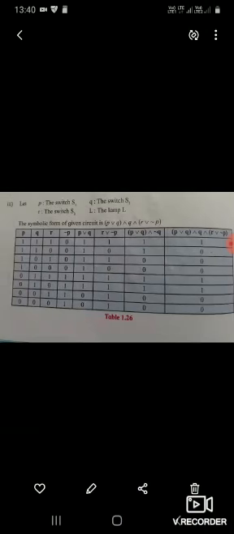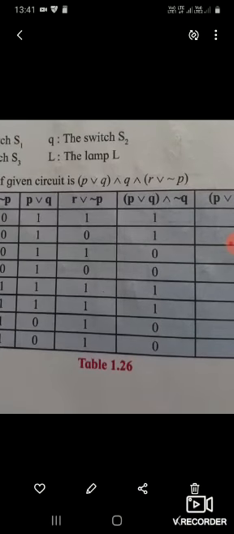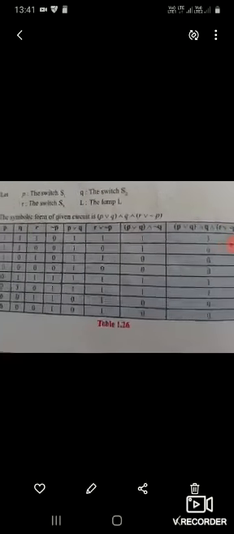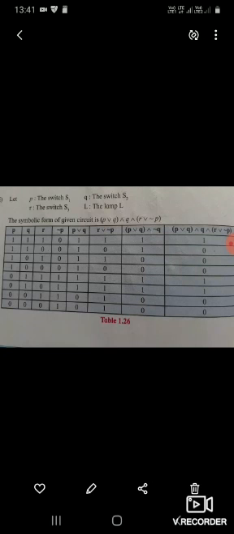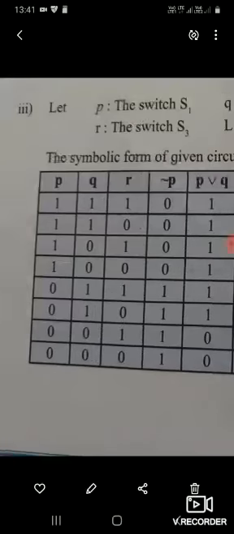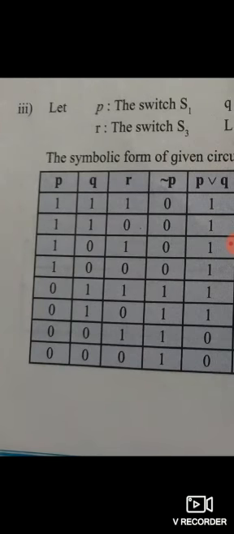Now listen, the symbolic form is clearly given here, P or Q and this one. By using the truth table, or also using the switching table. It is the input output table, otherwise the word switching table will be used. Listen, first P, Q, R, all are true. Instead of true we write 1, instead of false we write 0.